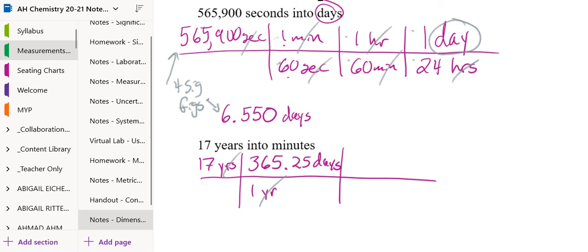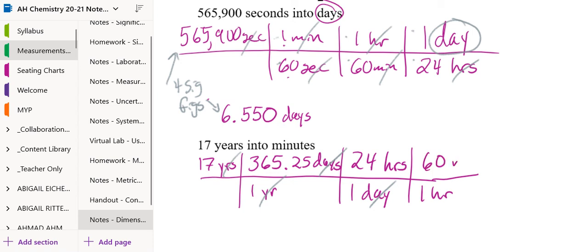Then I would do in 1 day, there's 24 hours, and days cancels out. And then in 1 hour, there's 60 minutes. And hours cancel out. So in my given value, 17 years, how many significant figures are there?